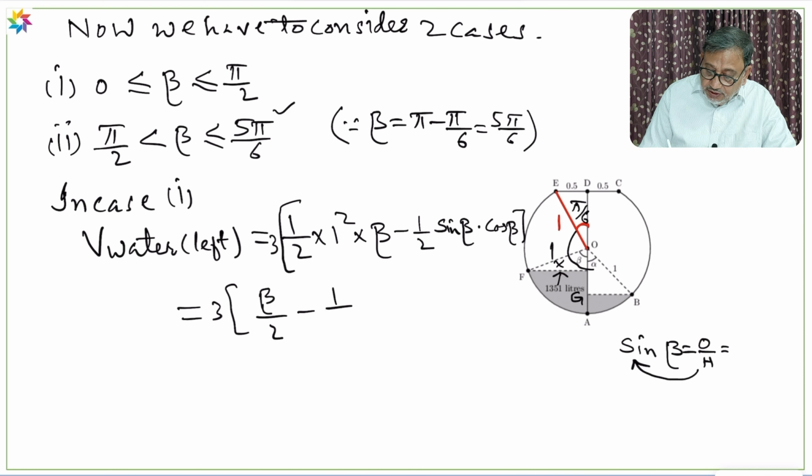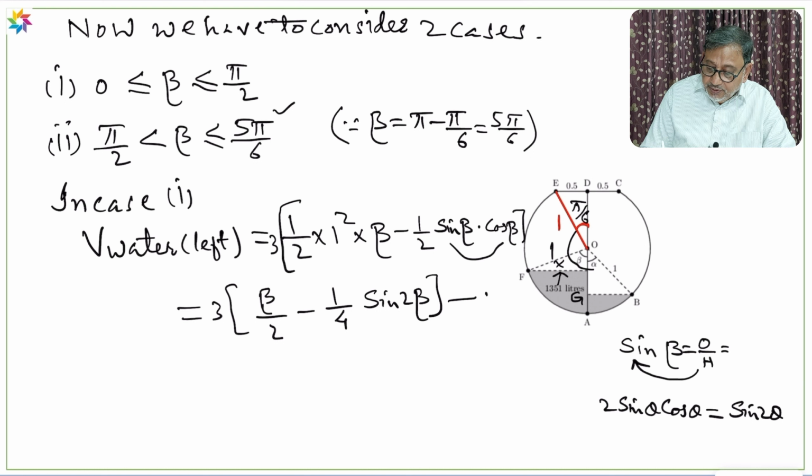and this will be 3 into beta by 2 minus, now look here, sine beta cos beta, if I use 2 sine theta cos theta formula, it is equal to sine 2 theta. So I will multiply by 2 and divide by 2, so 1 by 4 sine 2 beta, right? I will give it capital A. This is the volume of water.